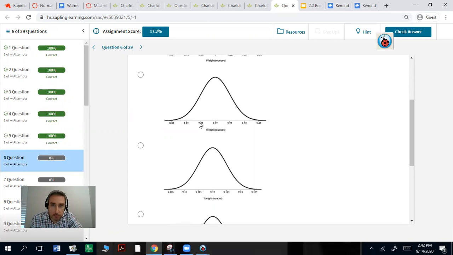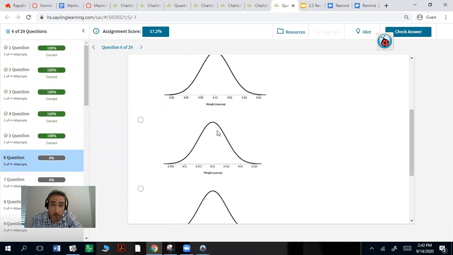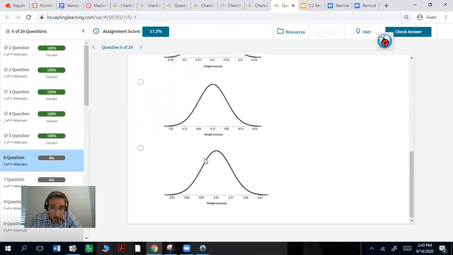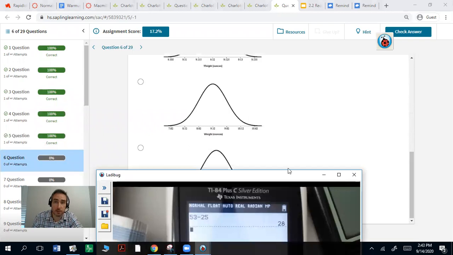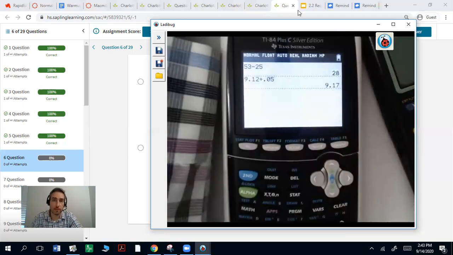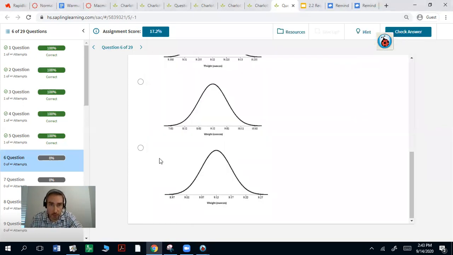That's adding 0.1. That's not adding 0.05. That's not even close. 9.12 plus 0.05, 0.05 is really small, so that should be 9.17. It should be this one here.